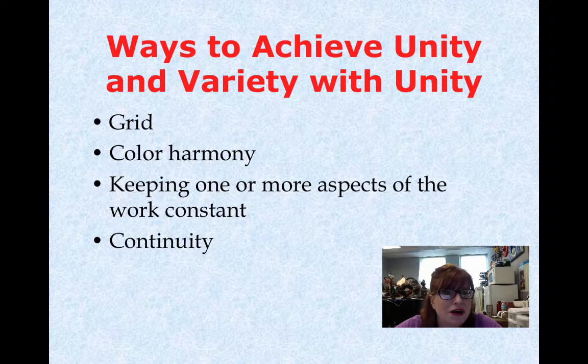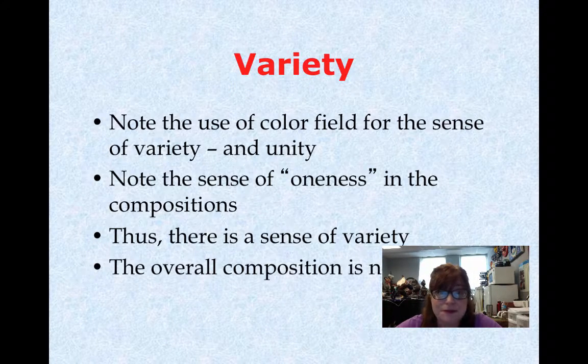Also using color harmony, for example, creating a monochromatic composition. Mono meaning one, chroma referring to color, so they are maybe sticking to one color family, like all the reds or all the blues. That's one way. Or they might keep one or more aspects of the work constant, and also through continuity. So let's have a look.